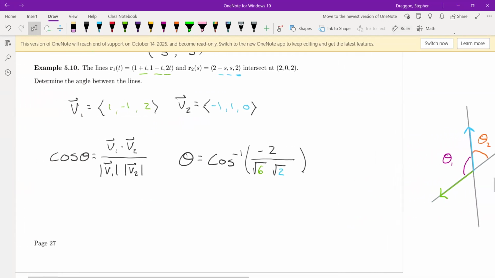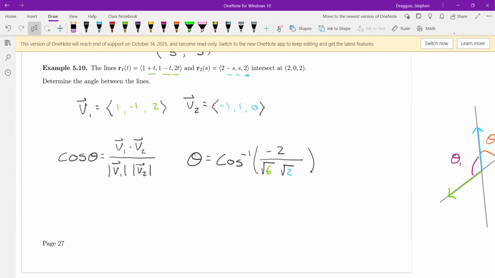Which means we need to go through and fix our definition. In particular, I want to be taking the absolute value of my dot product. Because that'll then force this arc cosine function to spit out an acute angle.